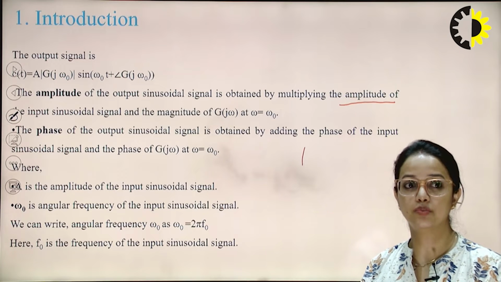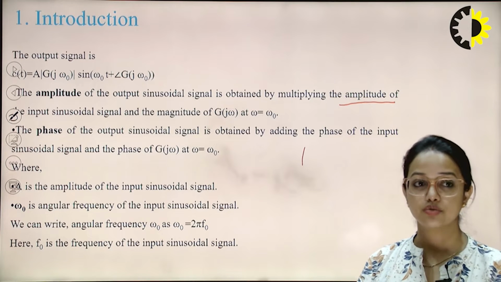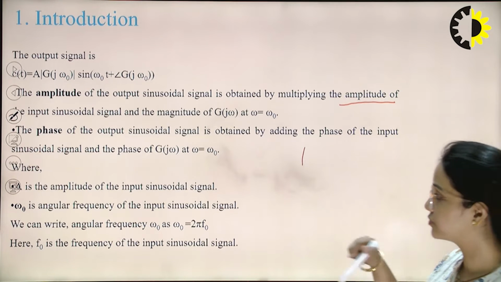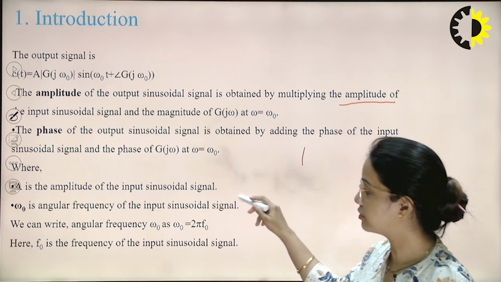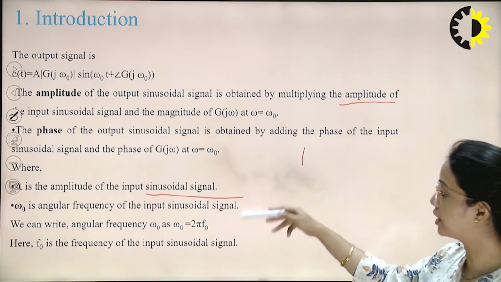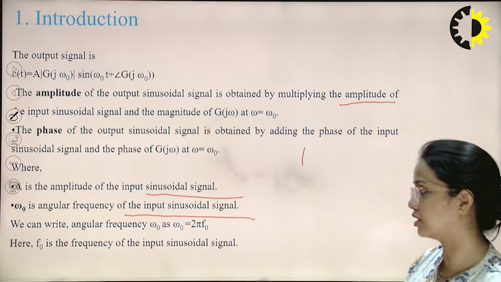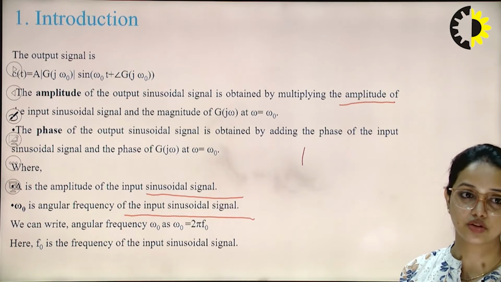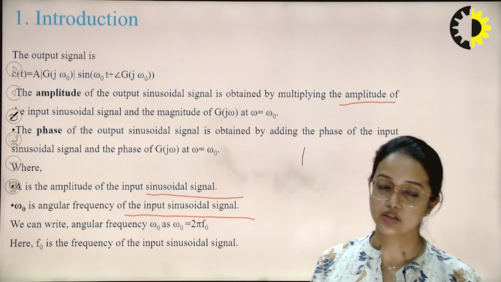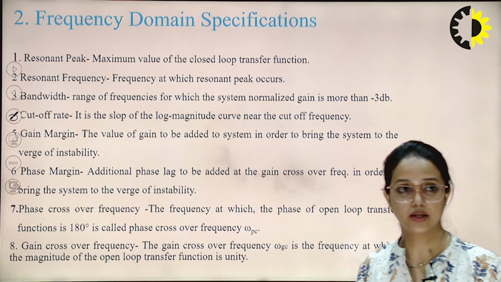Similarly, the phase of the output sinusoidal signal is obtained by adding the phase of the input sinusoidal signal to the phase of G(j omega) at omega equals omega 0. Here we are talking about the amplitude of the input signal, and omega, which is the angular frequency of the sinusoidal signal. We can write angular frequency as omega equals 2 pi f, so omega naught equals 2 pi f naught, where f naught is the frequency of the input sinusoidal signal.